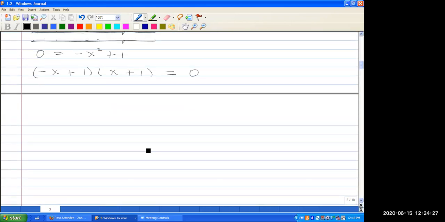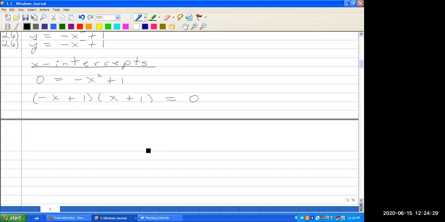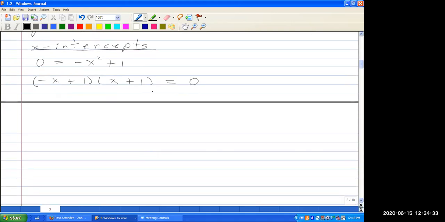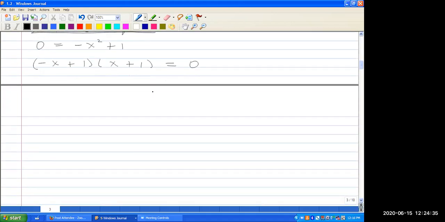By the fact that the integers are an integral domain, since the product is 0, one of the factors must be 0. So by the zero factor property, negative x plus 1 is equal to 0, or x plus 1 is equal to 0.